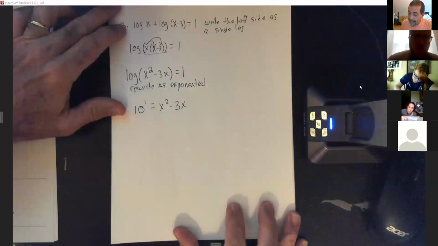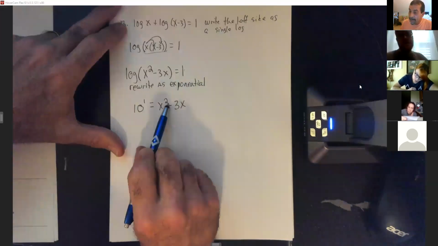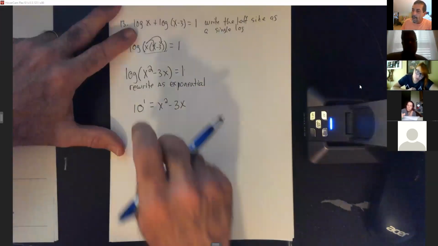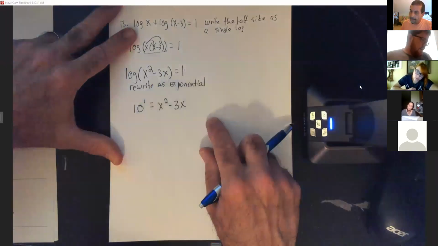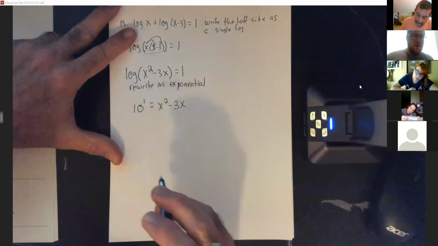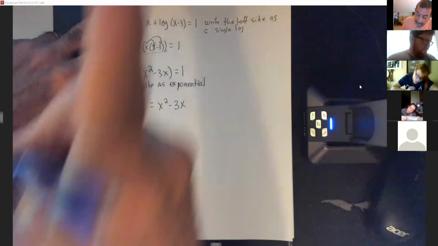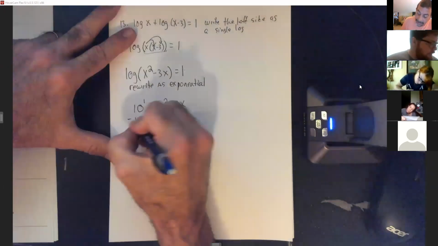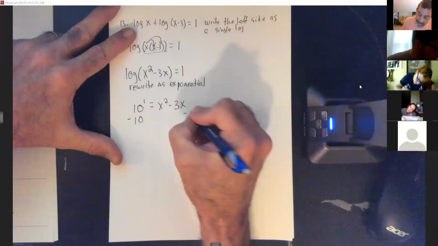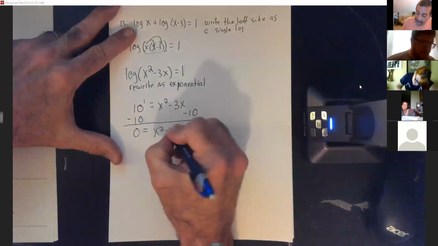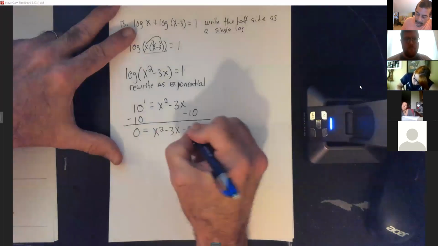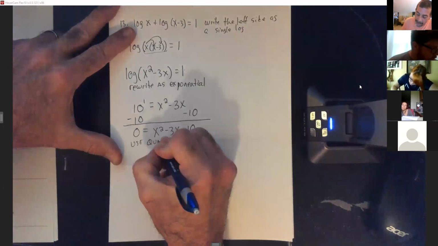So this one is actually quadratic when we solve it. So we need everything on one side equal to 0, and then we can use the quadratic formula. Well, first of all, we know that 10 to the 1 is just 10. So we can just subtract 10, and you get 0 equals x squared minus 3x minus 10. At this point, you can use the quadratic formula.